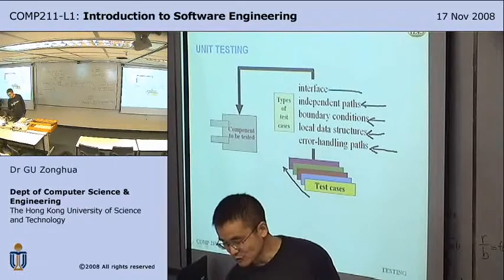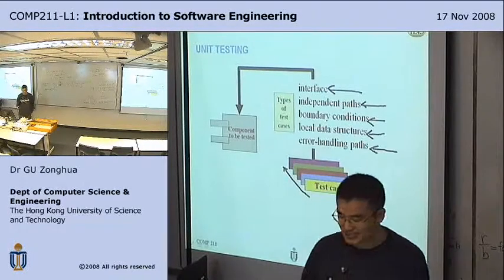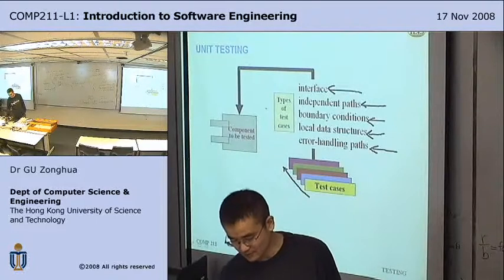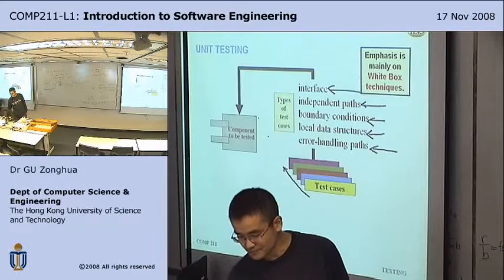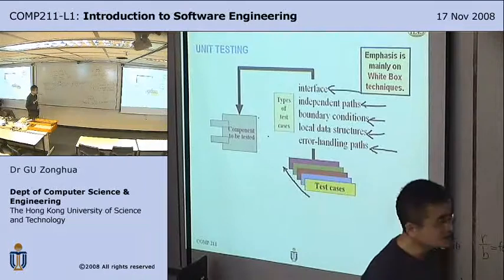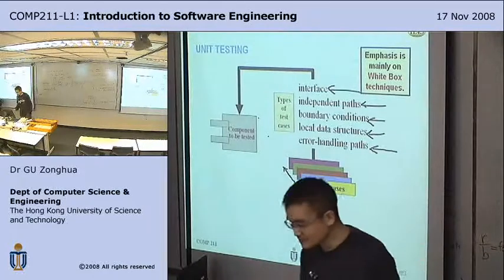Some may be testing the user interface. So you may have different types of test cases, and you're testing the component by providing different inputs. Unit testing is mainly white box testing.